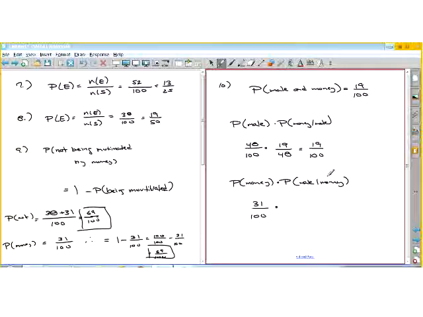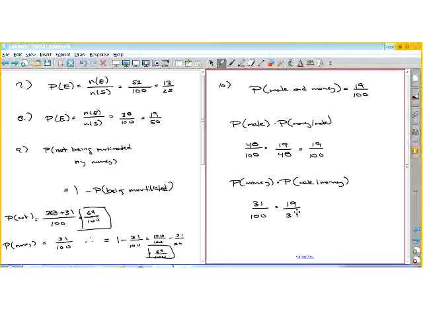Now, given that you are interested in money, what's the probability that you're a male? Well, in that case, you take the number of males that like money divided by the total number of people that like money.